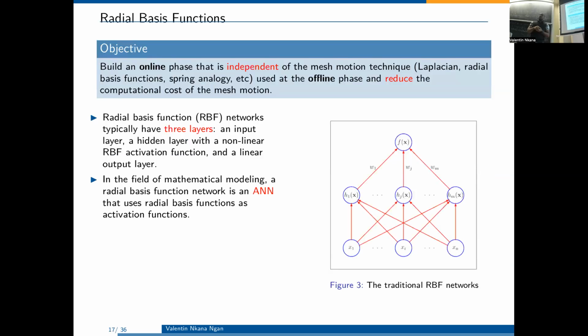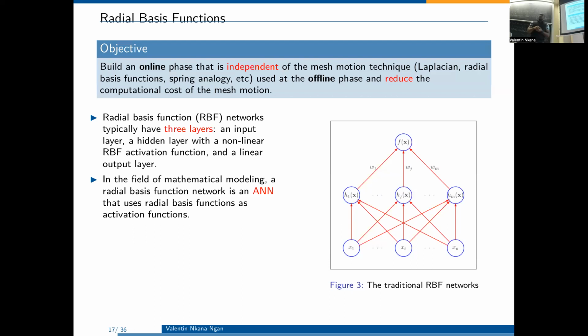Why? Because this is to make the ROM independent of the technique that you use to move the mesh. To move the mesh, you can use Laplacian, you can use what we call radial basis function, you can use what we call spline analogy. So if you rely on doing Galerkin projection on the point displacement, you will end up having a ROM that depends on the technique that you use at the offline level.